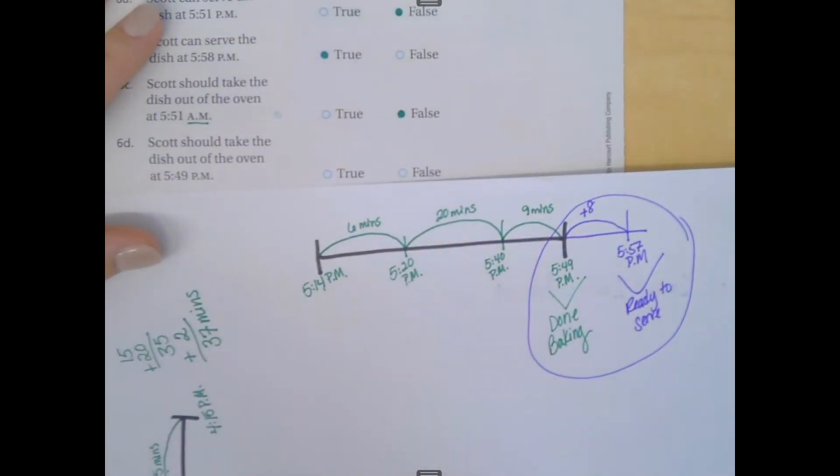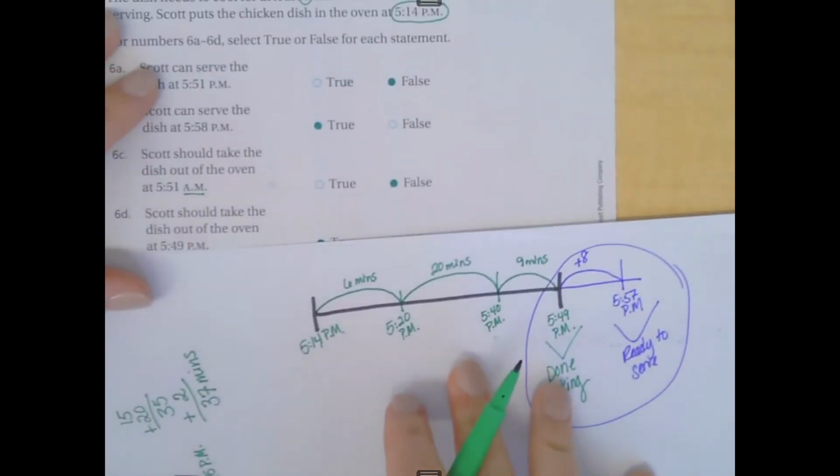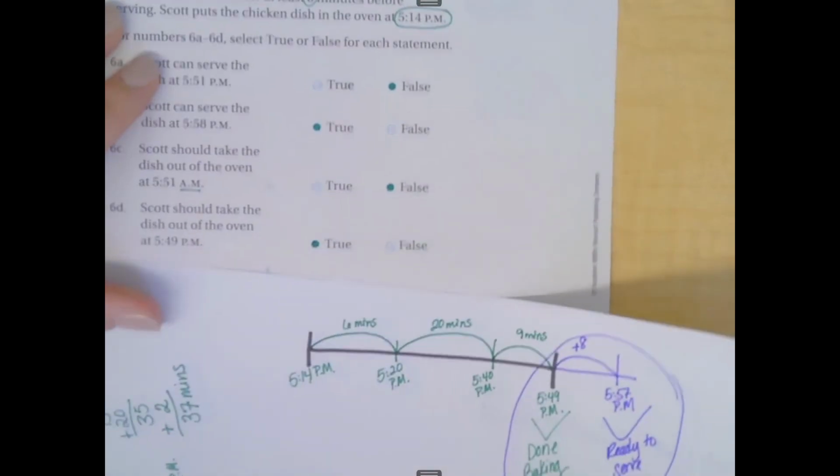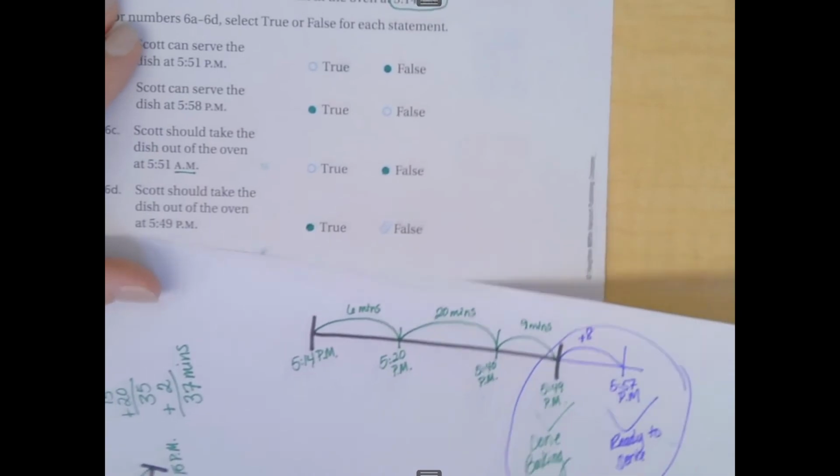Look at that. True. So yes, it may take a little extra time to draw these number lines out first, but doing that guarantees that you're not going to get confused when answering the question about the information. Okay, let's go to the next page.